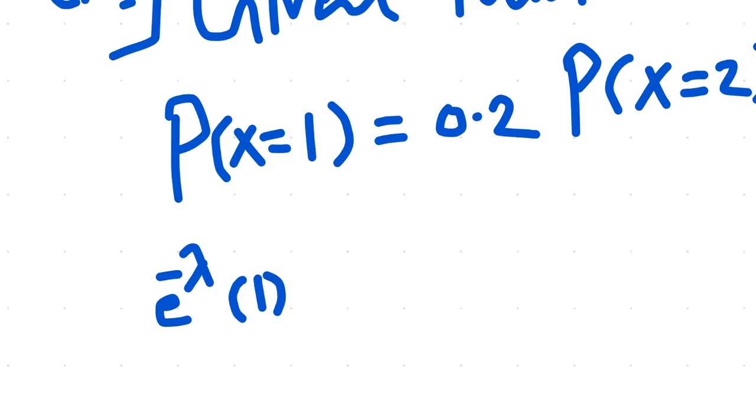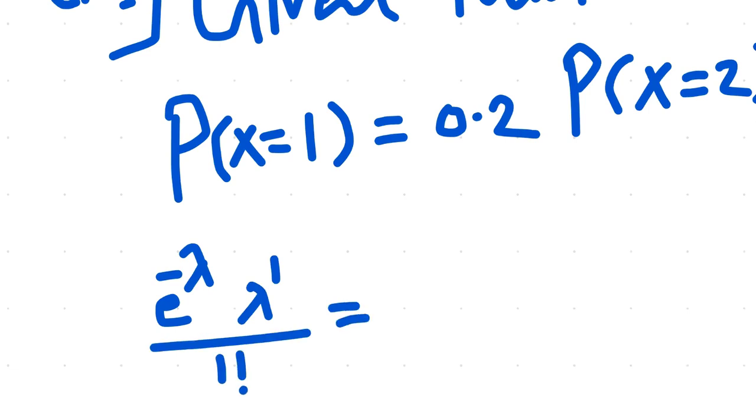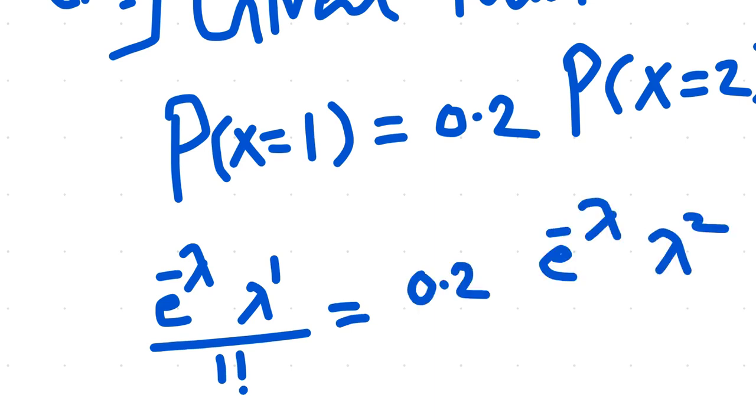Lambda to the power 1 because x is 1, over factorial 1, is equal to 0.2 e to the power minus lambda, lambda to the power 2 because we are using x is equal to 2, and factorial 2.